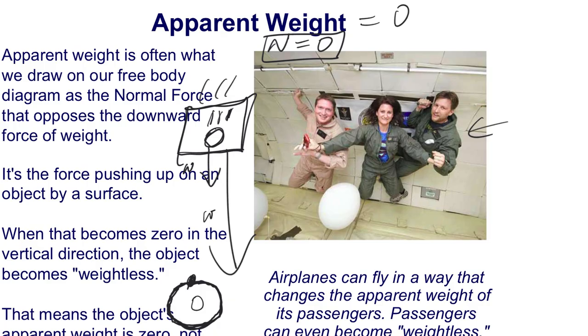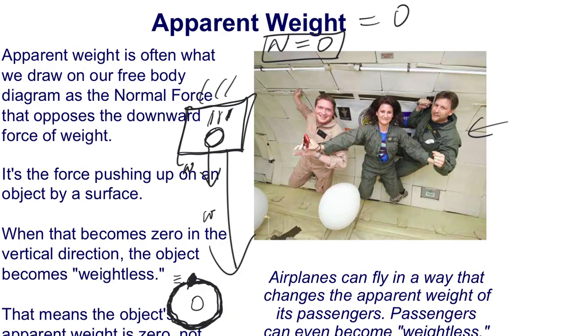Now, this is what astronauts do in the International Space Station when they're orbiting the Earth. They are falling. The space station is falling. It's also going forward very fast because of the rocket that sent it up there. So it's falling towards the Earth, but it's going so fast forward that it never meets the Earth. It stays in its orbit at that certain speed. We'll talk about that later when we talk about gravity.